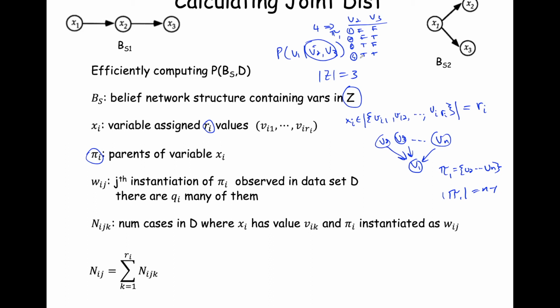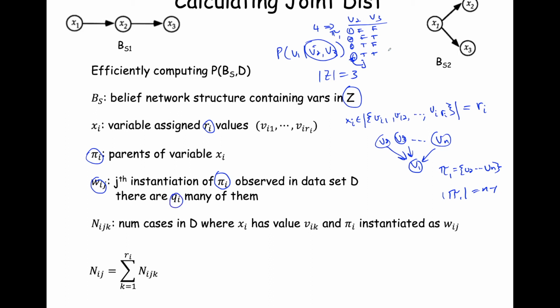instantiations. And so we're going to say the jth instantiation for the parents of variable i is called wij. So wij is the jth instantiation of parent i, and the number of instantiations is going to be qi.